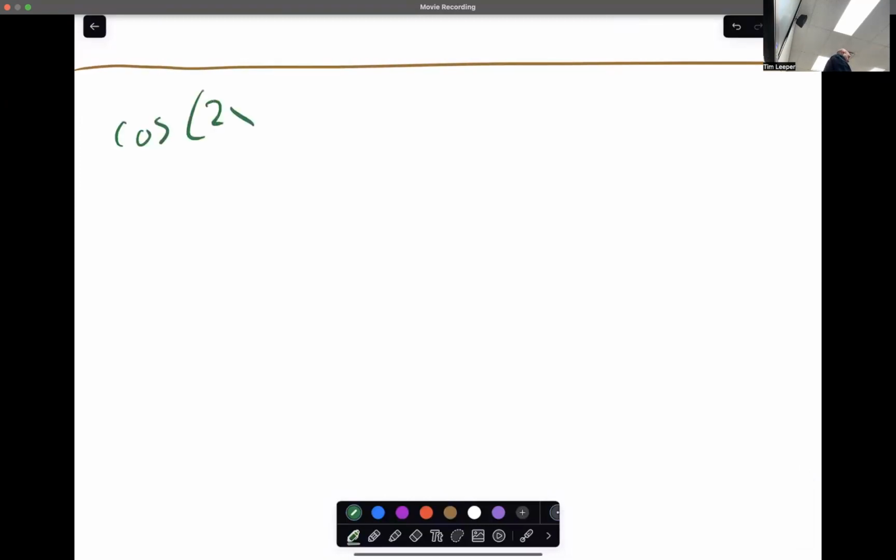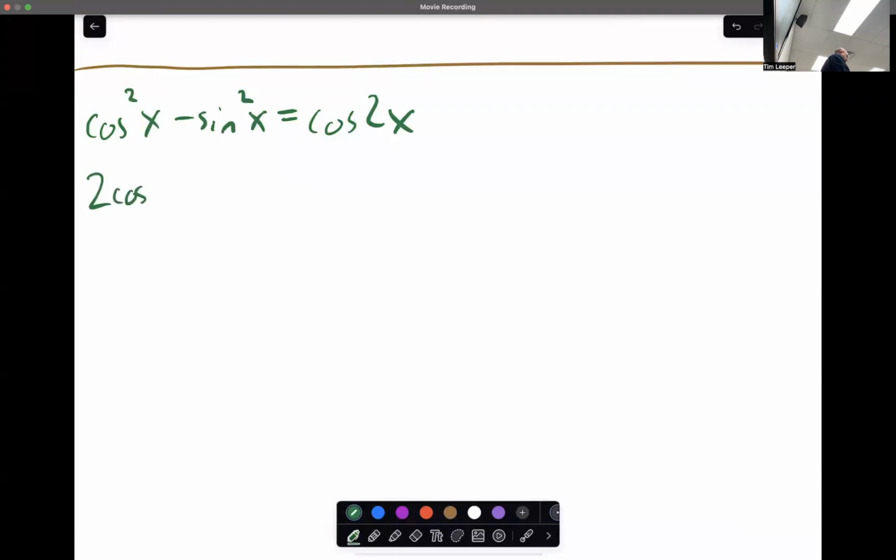What is the cosine of 2x? Well, actually, let me turn this around. Let me put the cosine of 2x on the right-hand side. We've proven that it was actually 3 different identities, right? The first identity was that it was the cosine squared of x minus sine squared of x. Another one is that it was 2 cosine squared of x minus 1.